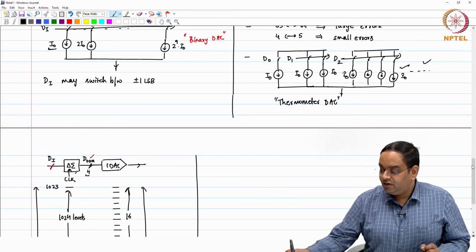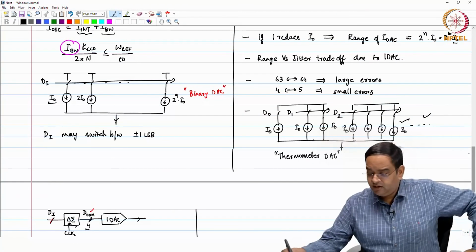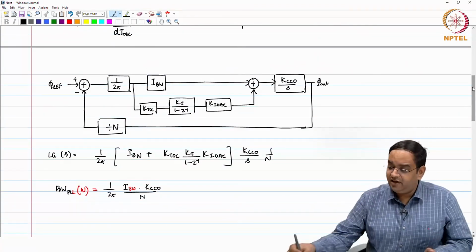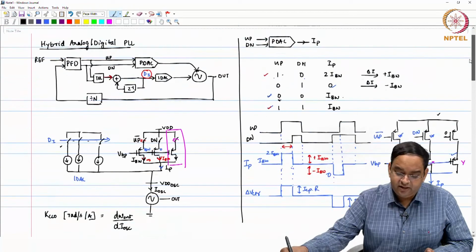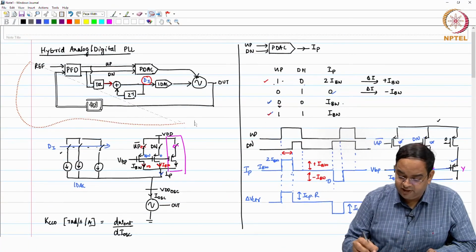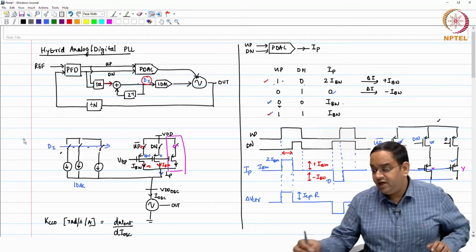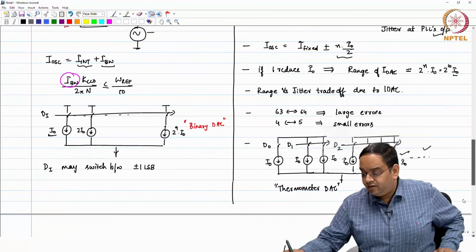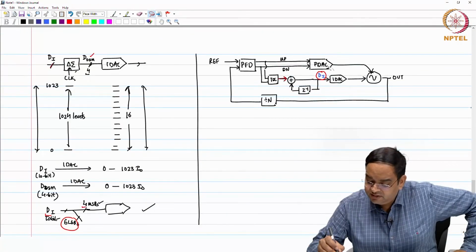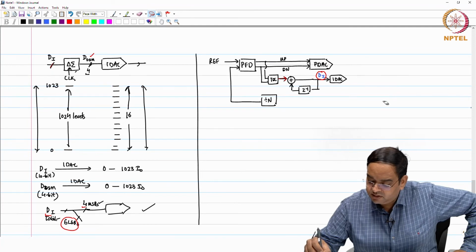Now, given that I can control the PLL in this manner, let us just put everything back and then talk about how we have actually solved the problems, or what the problems remaining are. So, here the PDAC is something we know now.